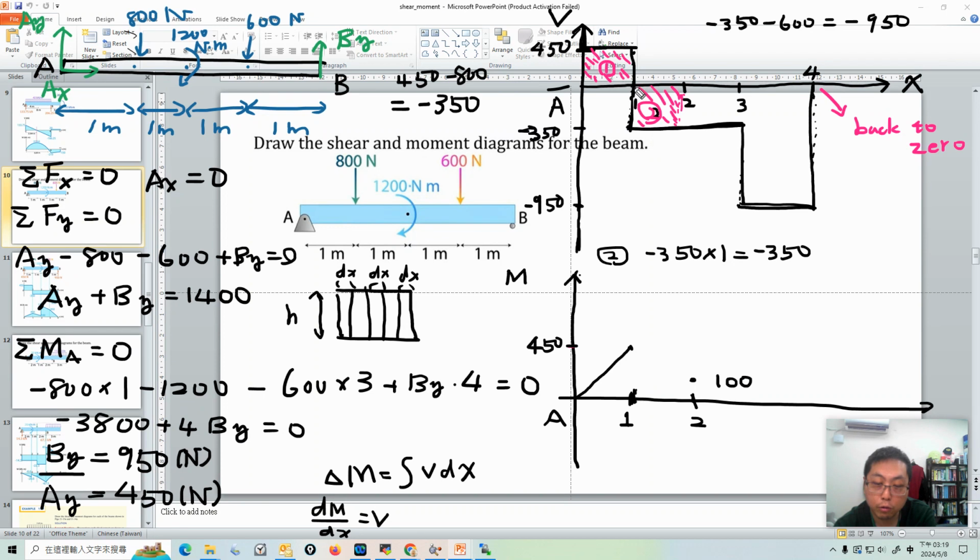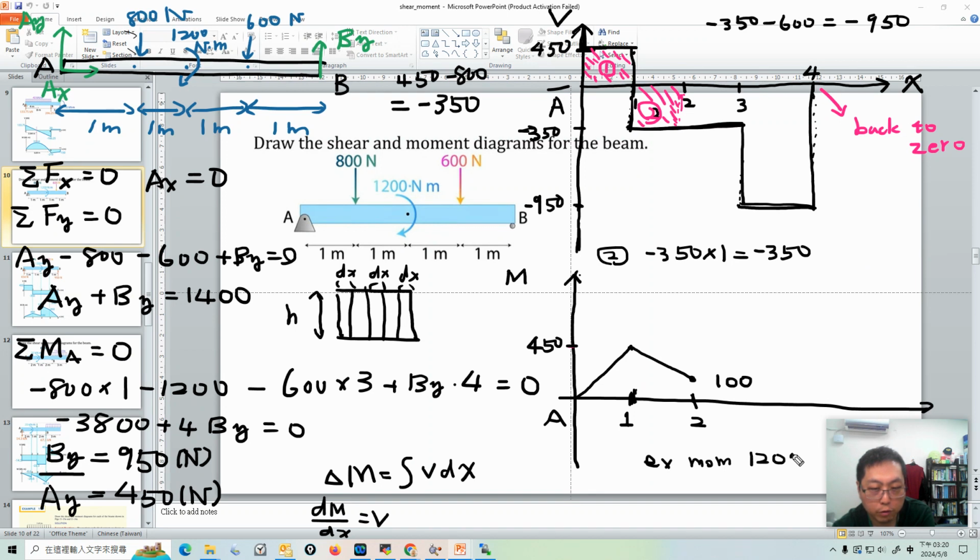And also it's a rectangular area, so it must be a steady decrease at position 2. But don't forget position 2. At position 2, we have applied a 1200 Newton external moment.